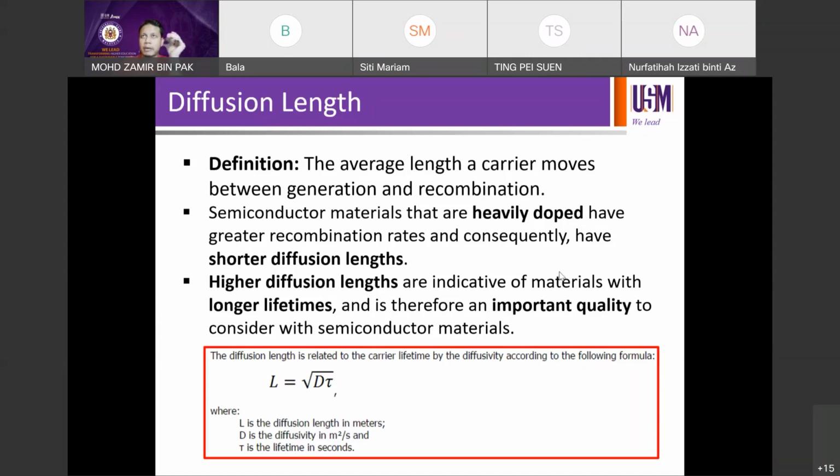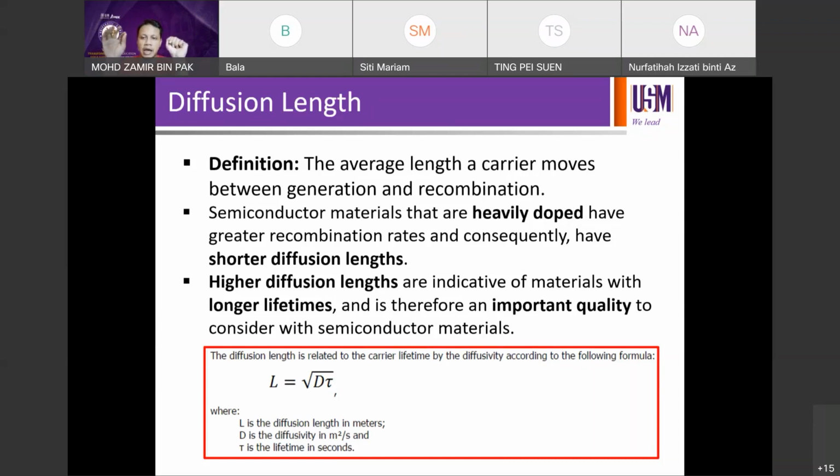So yeah, if you're comparing 10 to the 16 per centimeter cube punya doping level, and the other material is 10 to the 20, for example, then if you assume other parameters within these two materials are the same, you should expect longer lifetime and longer diffusion length for 10 to the 16, and shorter lifetime, shorter diffusion length for 10 to the 20, right?